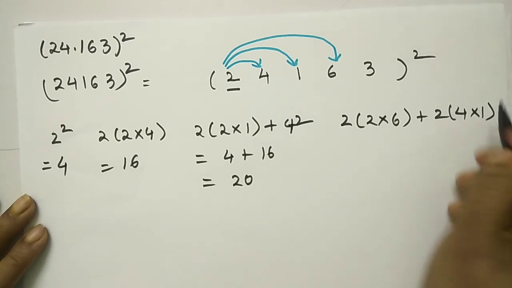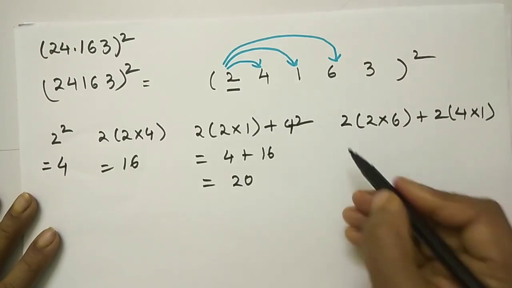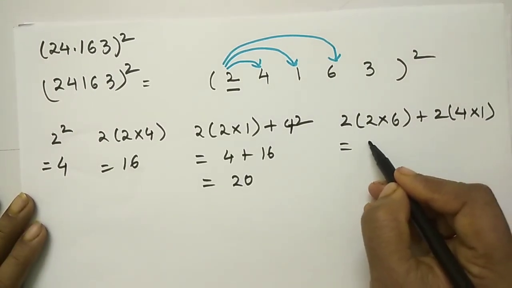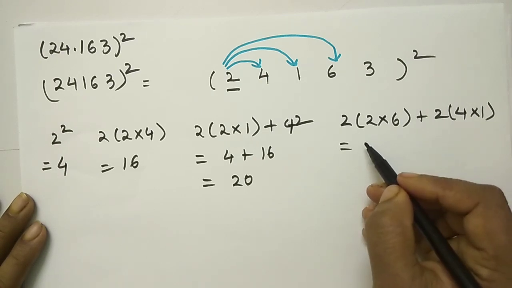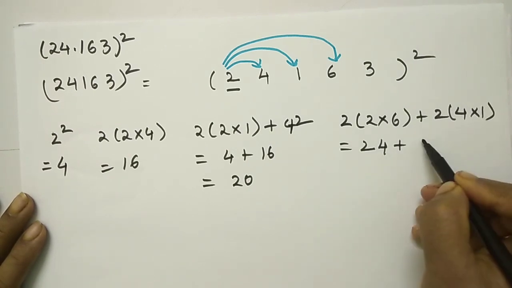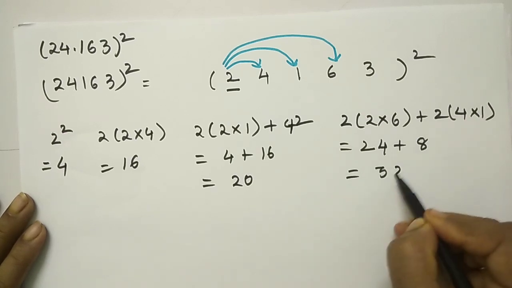If it is one number, you will write the square of that number. If it is 2 numbers, you will write 2 into 4 into 1. This is equal to 12 into 2, which is nothing but 24 plus 8. This is equal to 32.